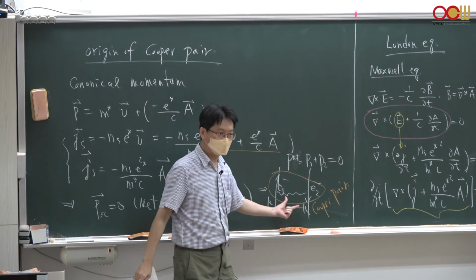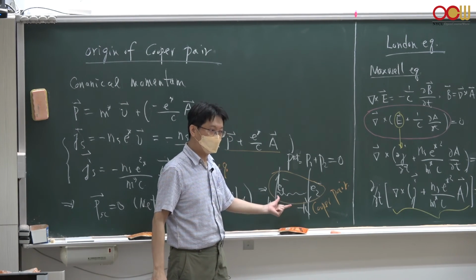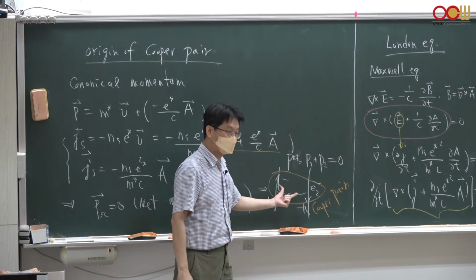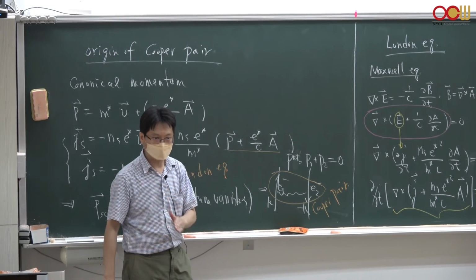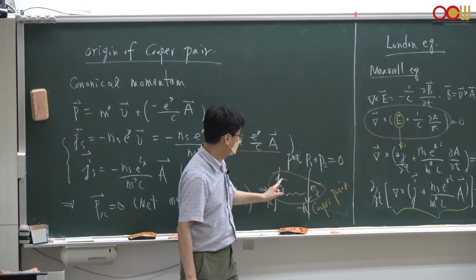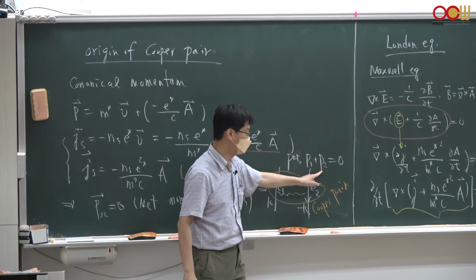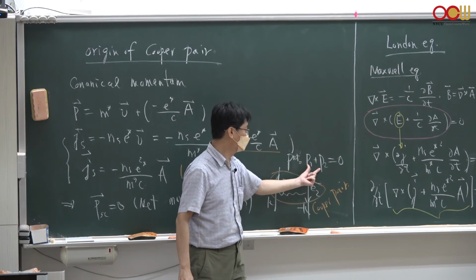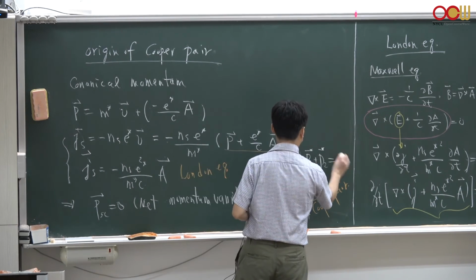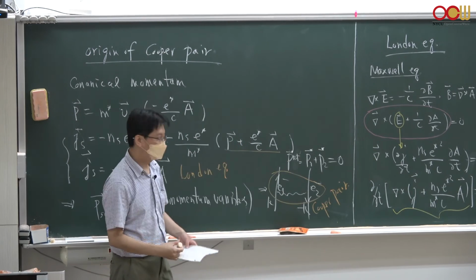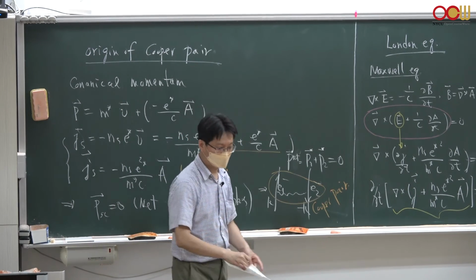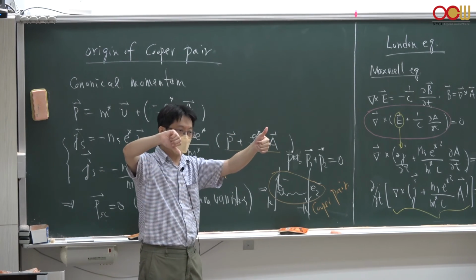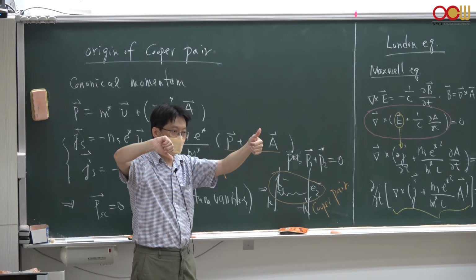As we already pointed out last time, two electrons get attracted to each other because of electron-phonon coupling, and these two electrons should carry no net momentum, which means that P1, the momentum of electron 1, plus P2, the momentum of electron number 2, when you sum up these two momentum vectors, you should get 0. And that's exactly what happens when we consider Cooper pairs of two electrons. These two electrons are very close to the Fermi surface, carrying opposite momentum.